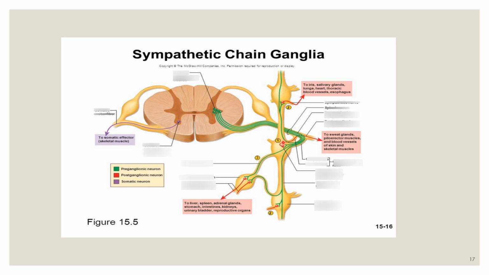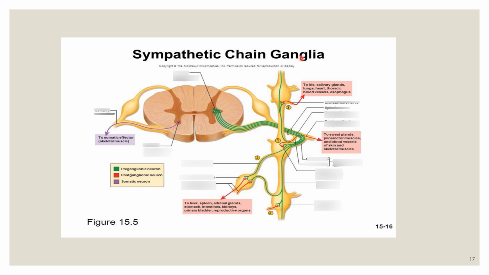They may terminate in the ganglion at the level of their entrance by synapsing on other cells in the ganglia, or they may ascend or descend. They may travel through the sympathetic trunk and exit without synapsing. They may exit the trunk without any synapse via the splanchnic nerve, and terminate in a prevertebral ganglia.